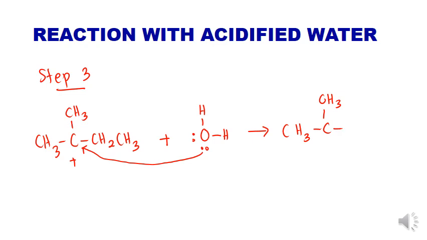The product formed is a protonated alcohol. So this is the new bond using the lone pair of H2O, and the H2O is attached to the carbocation with a positive charge. So now we have a product of protonated alcohol.